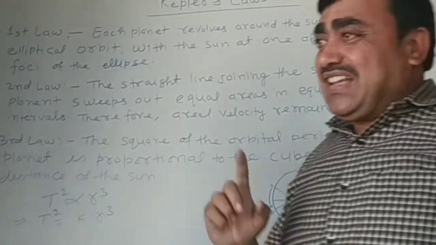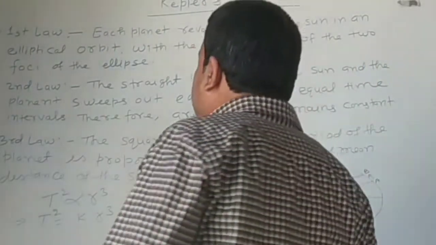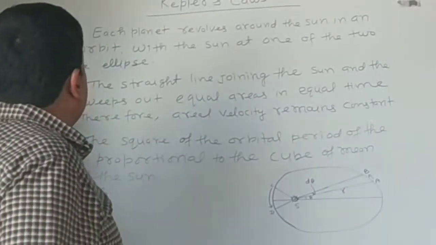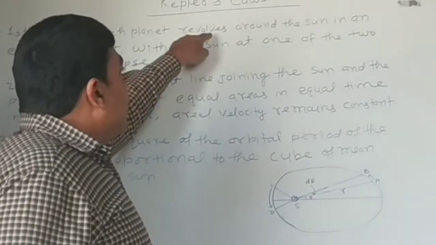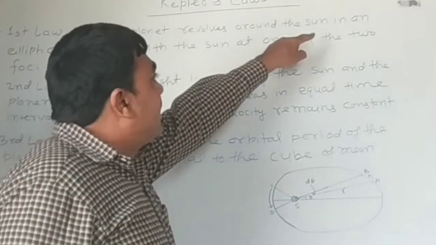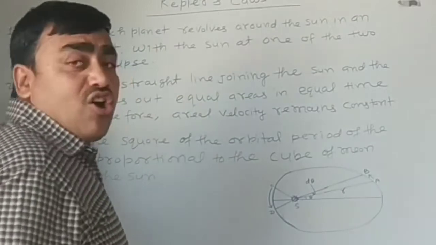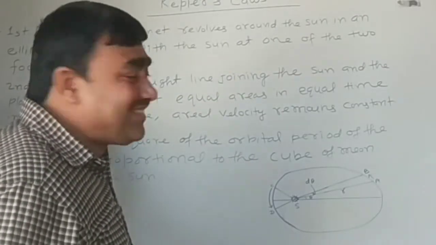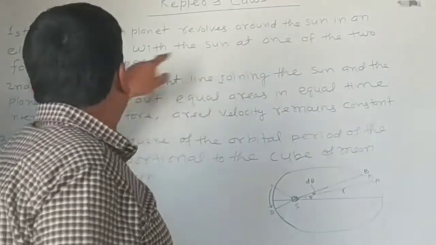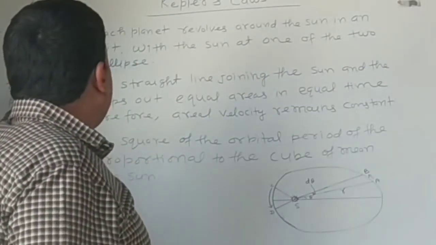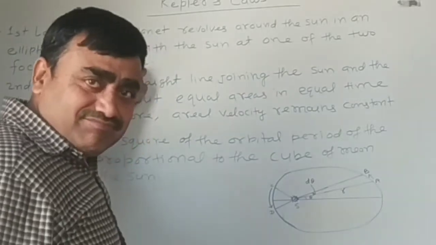Okay? Here, first law: each planet revolves around the sun in an elliptical orbit with the sun at one of the two foci of the ellipse.